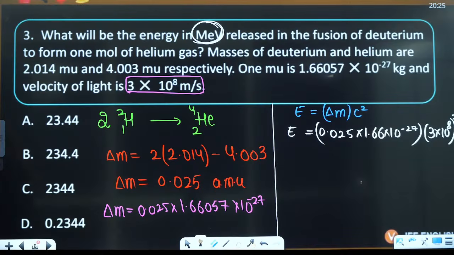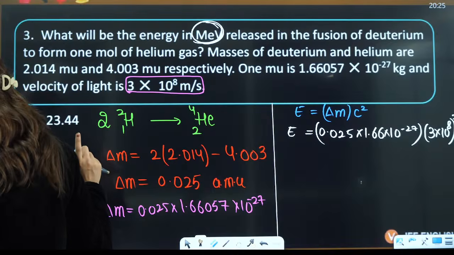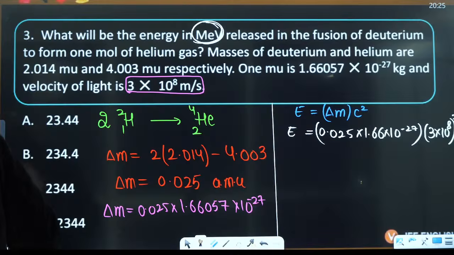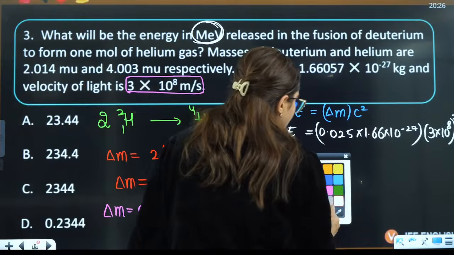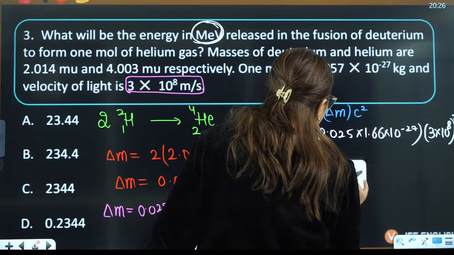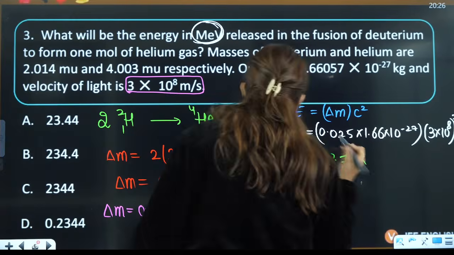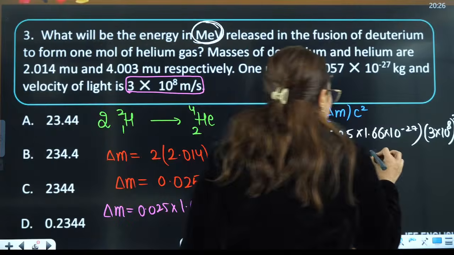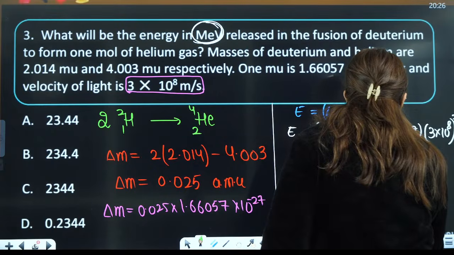This value will come out to be 3.7 into 10 raised to power minus 12 joules. I'm not doing the calculations here because I have solved it before, to save your time.